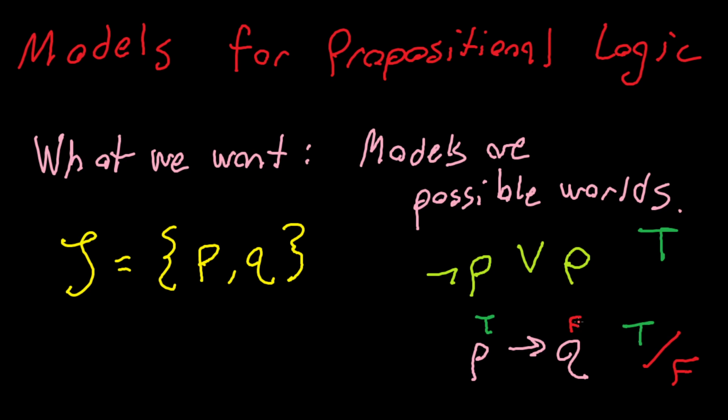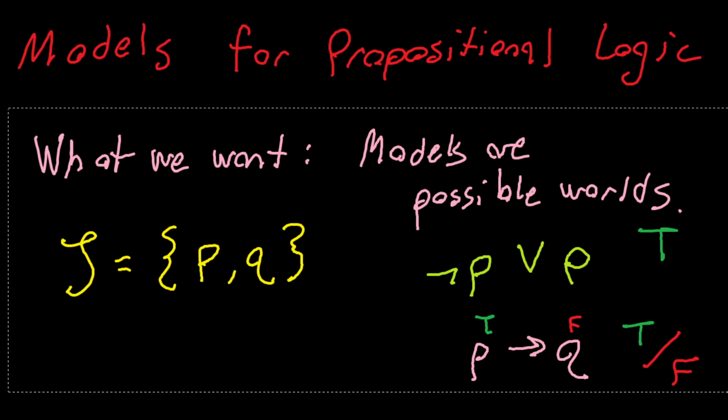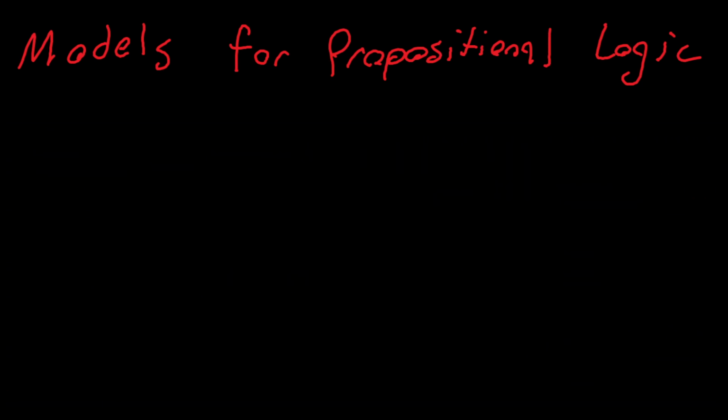So what you may be observing is that for propositional logic, a possible world is actually just which of our sentence symbols are true, and which of them are false. So with that in mind, let's begin a rigorous definition of a model.